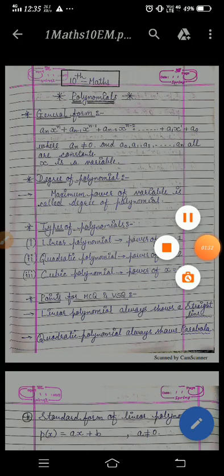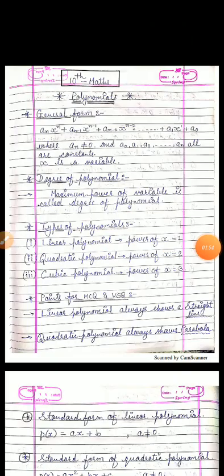Here from a_0, a_1, a_(n-1) up to a_n, all terms are constant terms and x is known as variable. Here one condition we need to take, that is a_n must not be equal to 0. Why a_n must not be equal to 0, that we will discuss later in the standard form of polynomial, right?